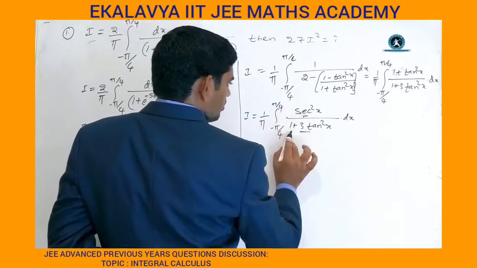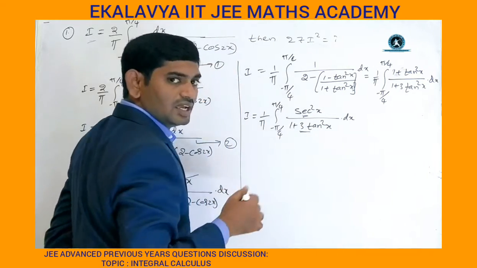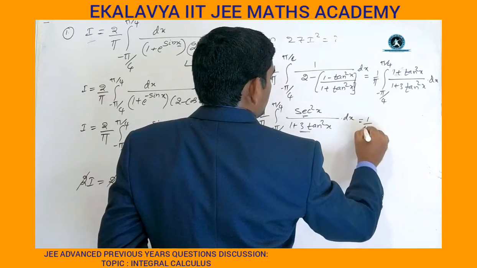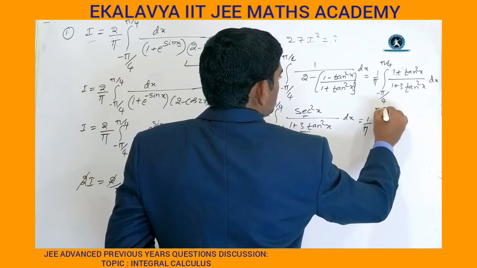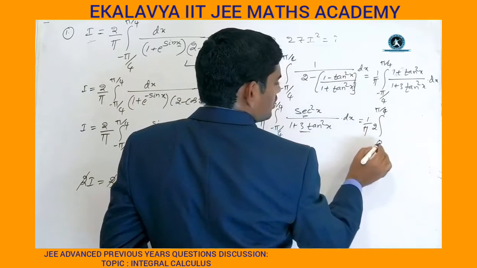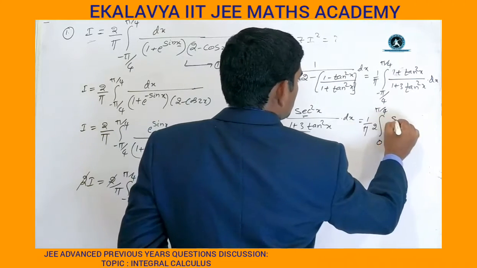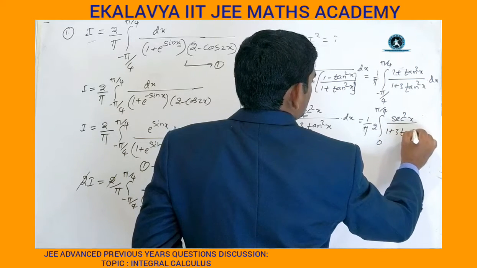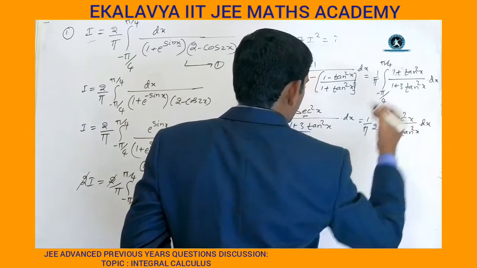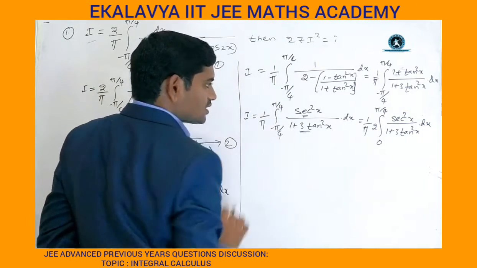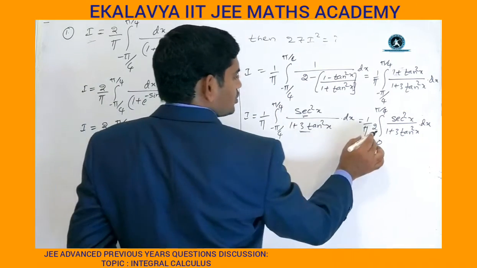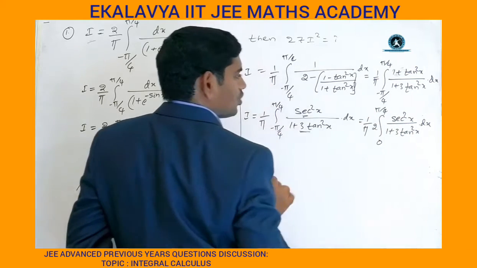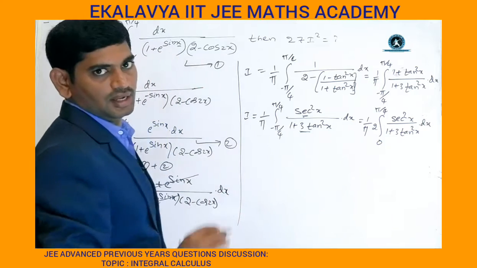So we can write 1 by pi, 2 times the integration of 0 to pi by 4 of secant square x upon 1 plus 3 tan square x dx, because for an even function we can write 2 times the integral from 0 to pi by 4.